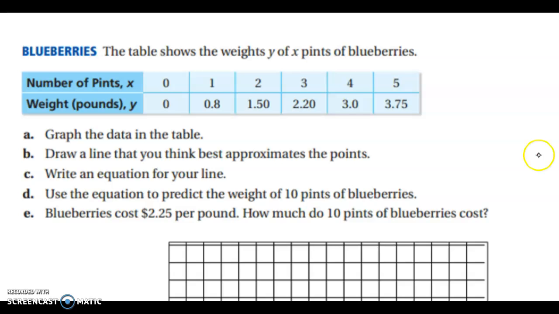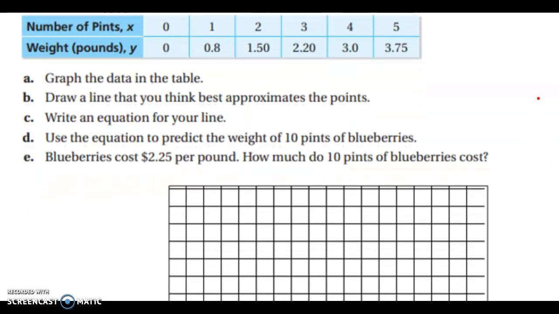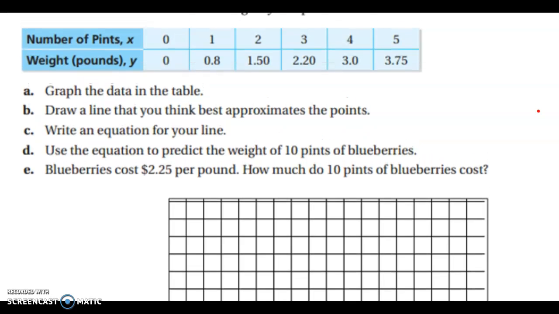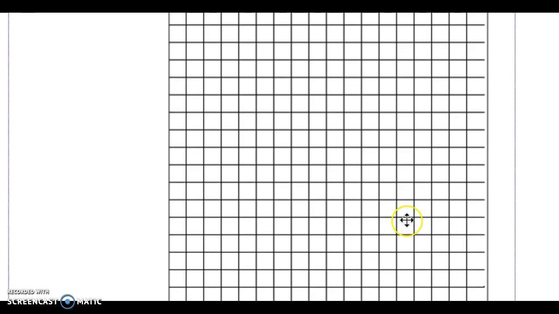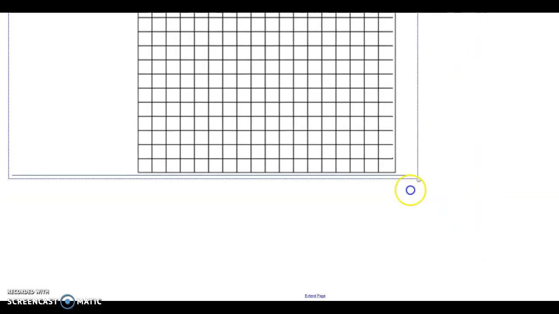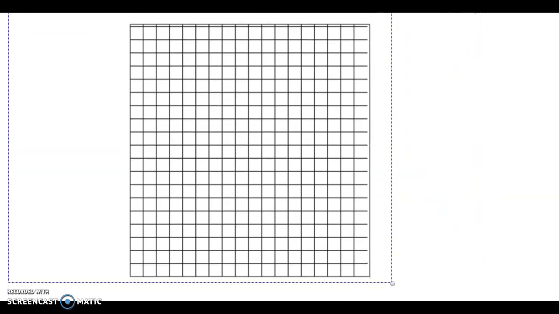So here we go. We're going to slide this down a little bit. I know that my highest number on my x value is going to be 5. And I know my highest number on my y value is going to be probably 4. So I'm going to go all the way down here. Oh, this is really big. Let's see if I can make that any smaller. There we go.